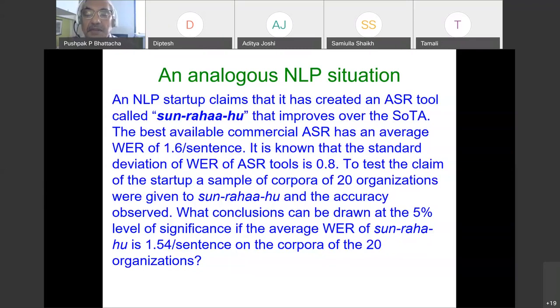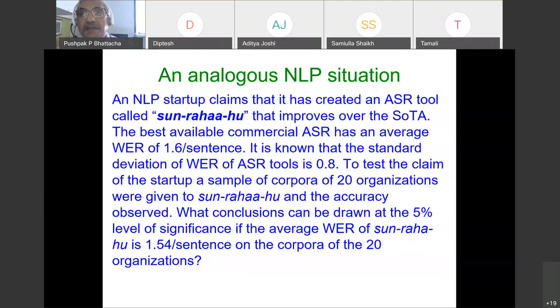To test the claim of the startup, a sample of corpora of 20 organizations, again 20 corresponds to 20 cigarettes from the company, were given to Sun Rahahu, the ASR tool, and the accuracy was observed. What conclusions can be drawn at the 5% level of confidence if the average word error rate of Sun Rahahu is 1.54 per sentence on the corpora of the 20 organizations? So this is the correspondence.